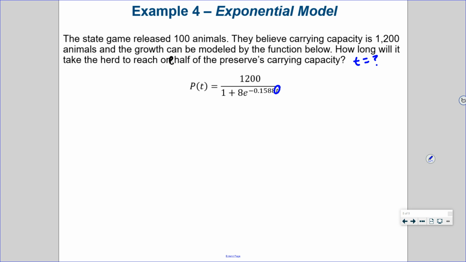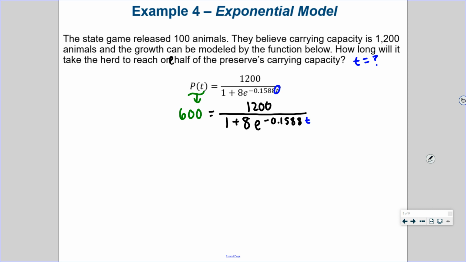So what's half of 1,200? 600, so we're going to plug 600 in for our population here of animals. And we're going to algebraically solve this for T. Okay.